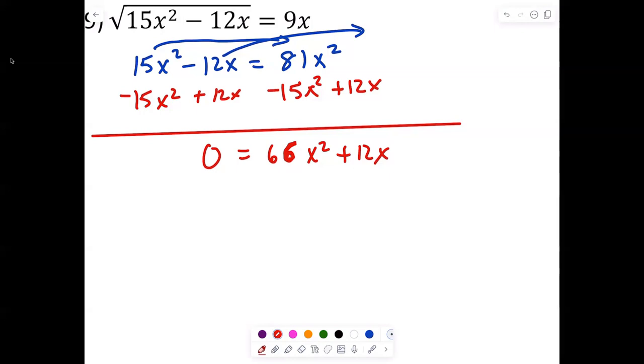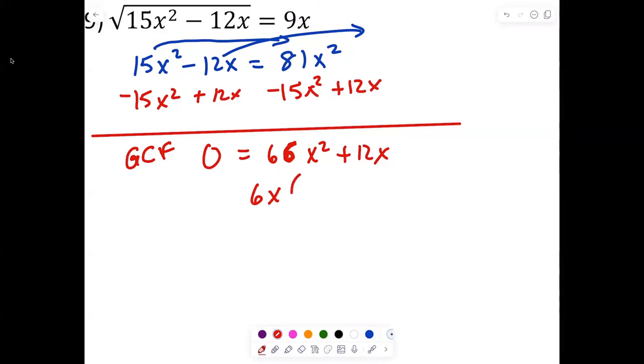Now we have a GCF. What's common with 66 and 12? 6. 6 what? There's a common 6x.